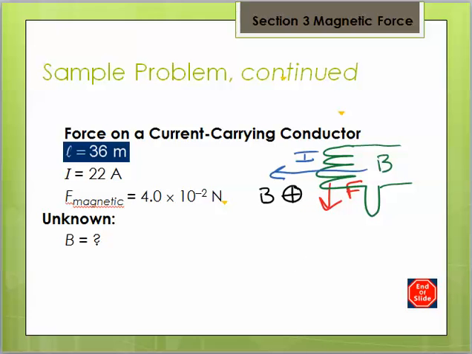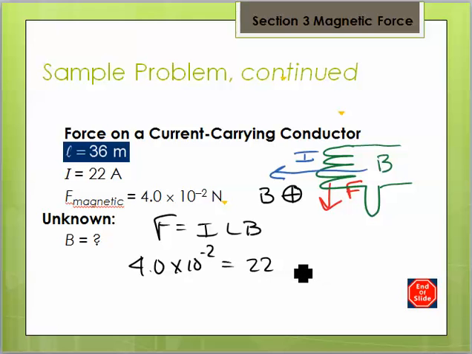At any rate, the rest of this becomes fairly simple. F equals I, L, B, or BIL, it doesn't really matter how you put it up here. The force they give us to be 4.0 times 10 to the negative second equals the current, which is 22 amps. The length is 36 meters.